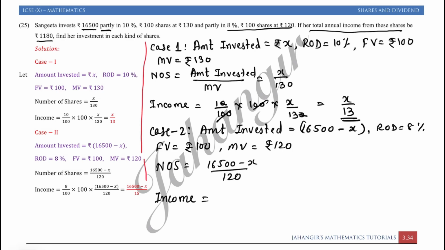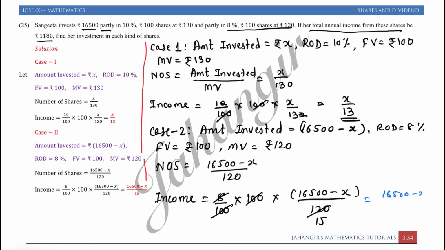Then I will find income in second case. Income formula is ROD upon 100 into face value 100 into number of shares, that is 16,500 minus X upon 120. 0 will get cancelled. 8 ones are 8, 15s are 120. So what you will get, that is 16,500 minus X upon 15 is the income in second case. Income in first case is X by 13.